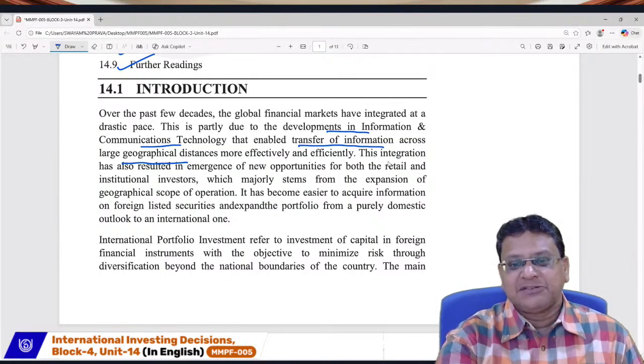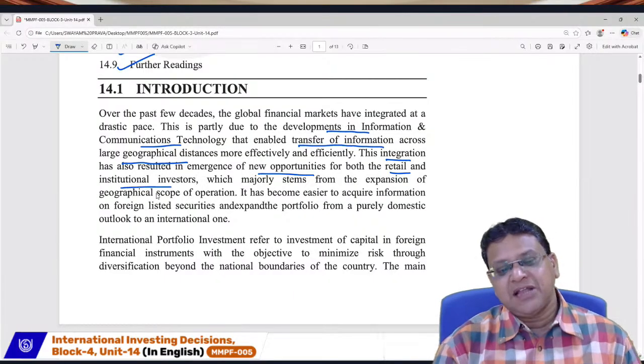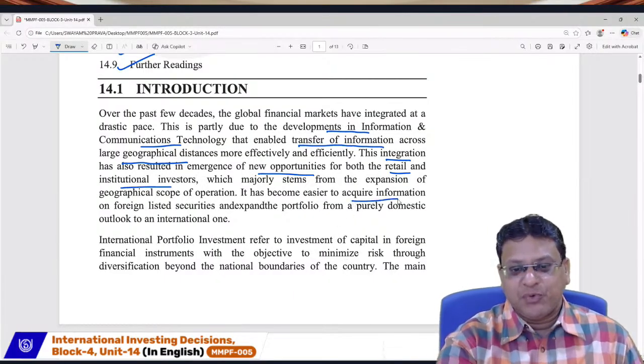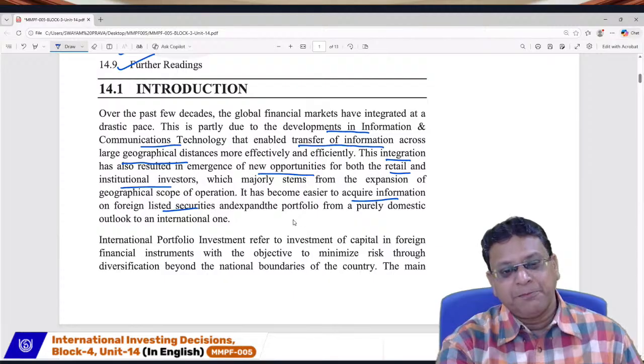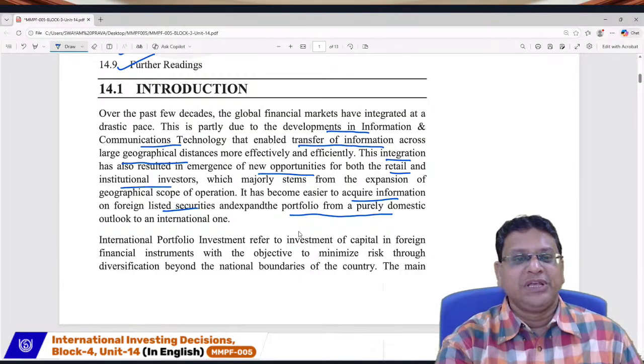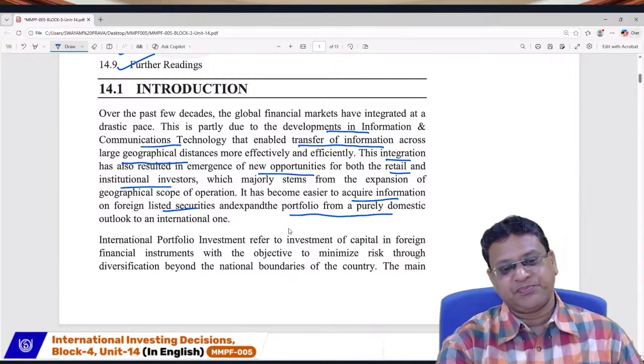The integration has emerged due to new opportunities for both retail and institutional investors. It has now become easier to acquire information about foreign listed companies, invest in them and put them as a part of your portfolio. So international securities investment or portfolio investment has emerged due to the emergence of new information and technology.